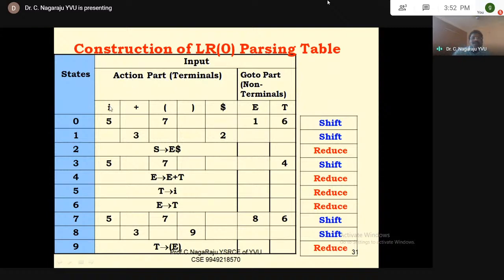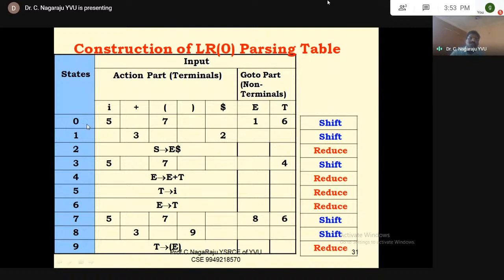In the action part, the columns specify all the terminal symbols: I, plus, left bracket, right parenthesis and dollar symbol. The go to part contains only the capital letters, that is the non-terminal symbols, right? The number of rows is the same as the states. In the action table we have only the small letters, and in the go to part we are taking the non-terminal symbols.